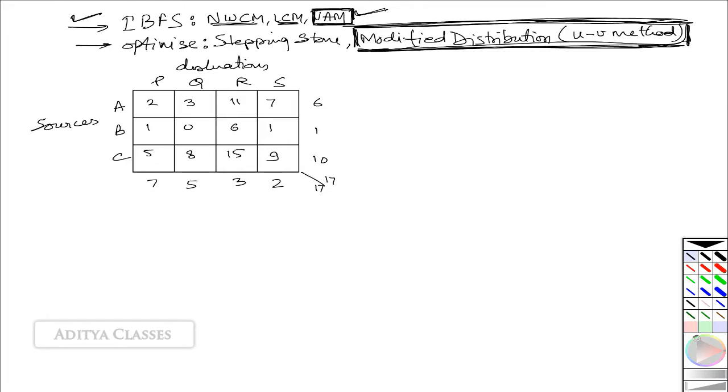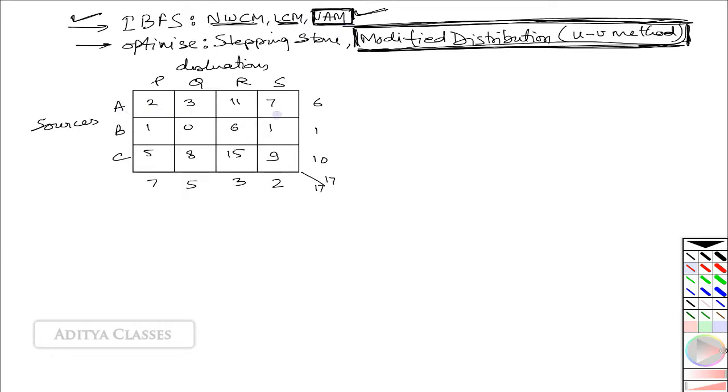Now we need to go ahead and make initial assignments. We need to find out the IBFS. What is IBFS? Initial Basic Feasible Solution. Because we are solving this question using VAM, first let us find out penalties.